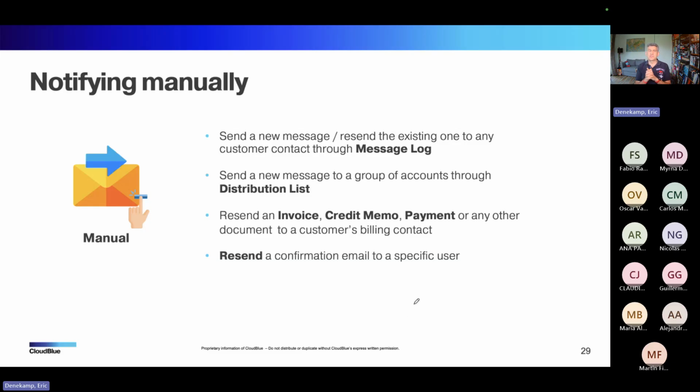So if this customer did not set up his contacts correctly and complains that he doesn't receive those notifications, you can resend those notifications, but they will go to the same email address. Be aware of that. I can resend a confirmation email to specific users, that's what I do in the message log, and I can send out a notification manually.